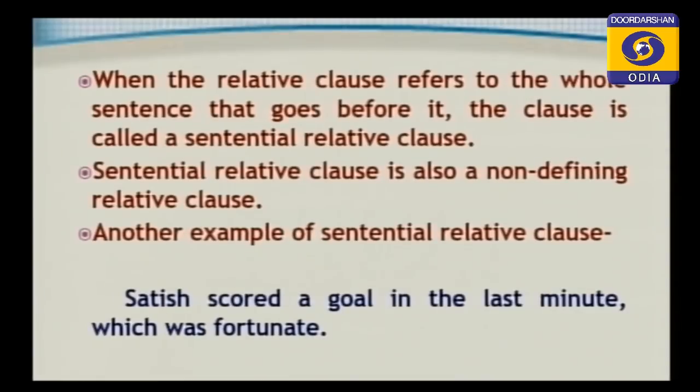So the whole of the expression functions as the antecedent to the relative clause which was fortunate. It is separated from the whole of the expression by using the comma, and the relative clause which was fortunate gives more information about the whole of the expression. So this is also the case of a sentential relative clause.